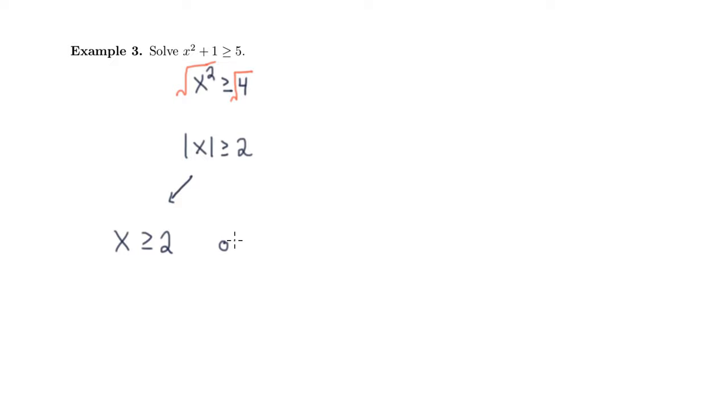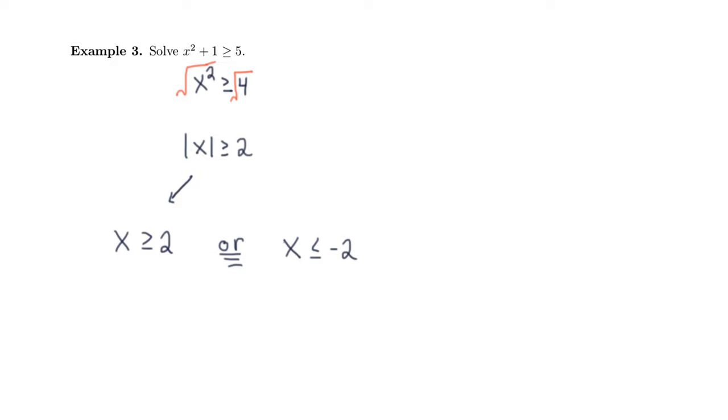But there's also something else that can happen. So I have an or here. I could also have x being so negative that when I take the absolute value, I end up with something greater than or equal to 2. So in other words, x could be less than or equal to negative 2. Because then when I take the absolute value, I will be greater than or equal to 2.